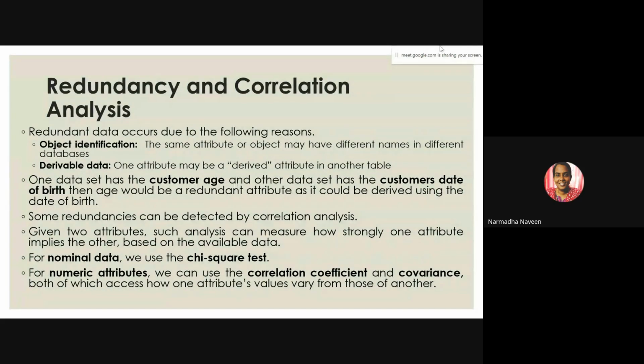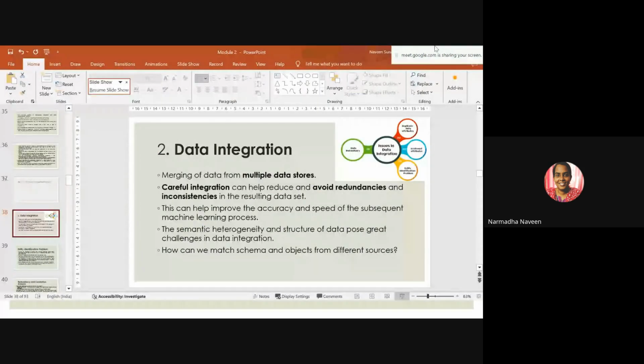The other issue is derivable data: one attribute may be derived from another, and such an attribute should not be stored again and again. One data set may refer to customer age, and in another data set the same value is given using the date of birth. We have to make sure of all these things.